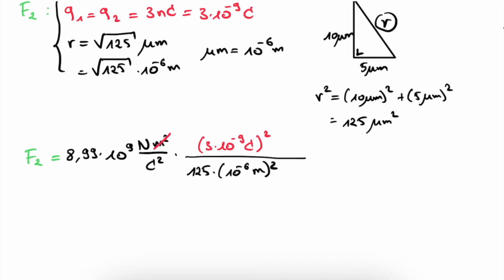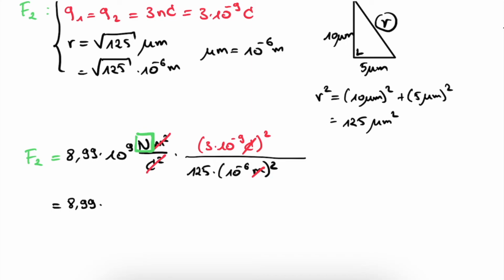Looking again at the units, we see that everything checks out. The meter squares cancel out and the Coulomb squares cancel out. And we are of course again left with 1 Newton, which is the unit of force. So that checks out. To calculate this, we again gather all of the numbers together.